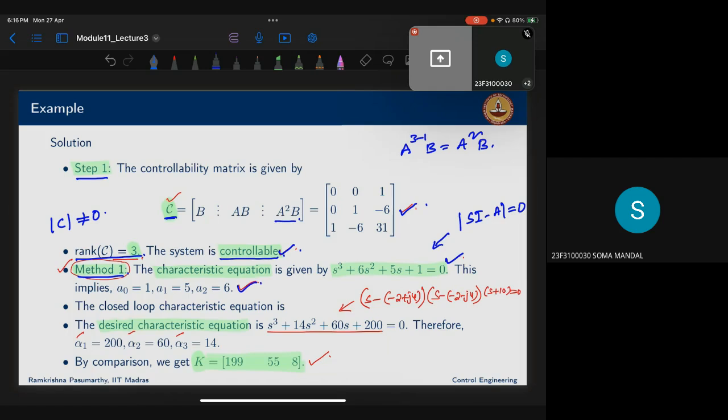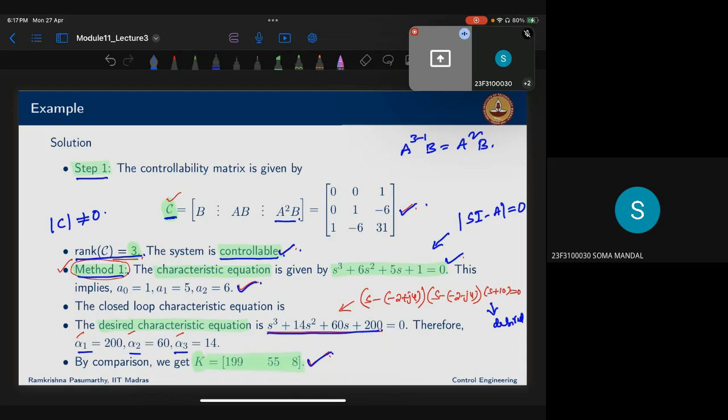Then the characteristic equation for the desired pole locations. These are our desired poles, so this is the polynomial. Then your coefficients are alpha 1, alpha 2, alpha 3. By comparing the coefficients, you will get K is equal to 199, 55, 8.